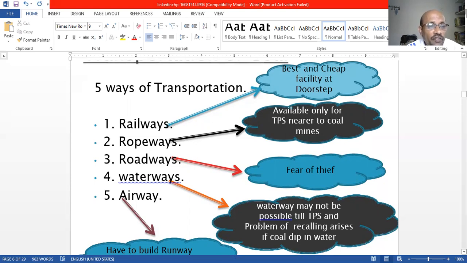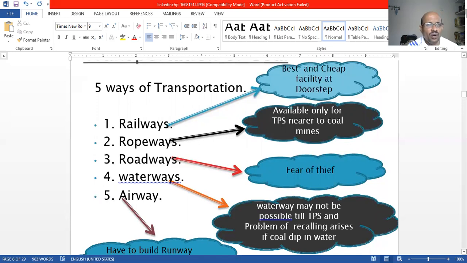And ropeways. Ropeways means by roping the buckets we arrange and transport. If it is very near, 3 kilometers or 4 kilometers up to 5 kilometers, we can use these buckets to transport the coal. And roadways are available only for TPS nearer to the coal mines, what I discussed.